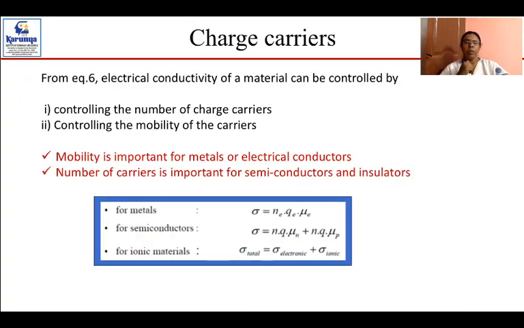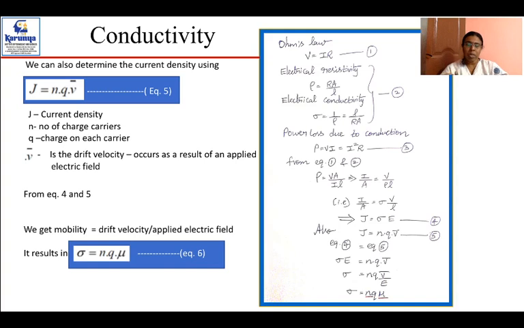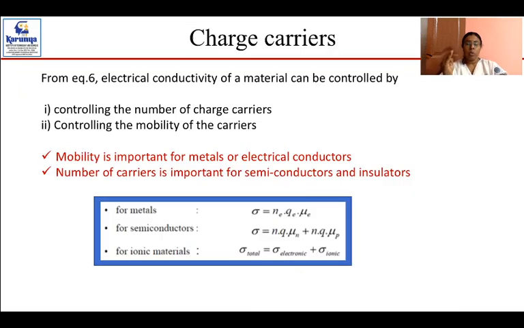So coming to the conductivity here, you could see that the conductivity depends on two different aspects, that is the number of charge carriers and the mobility of charge carriers. Mobility is important for metals or electrical conductors, whereas the number of charge carriers is important for semiconductors and insulators. If you look at metal specifically, you can keep sigma as it is: sigma equals n q mu.